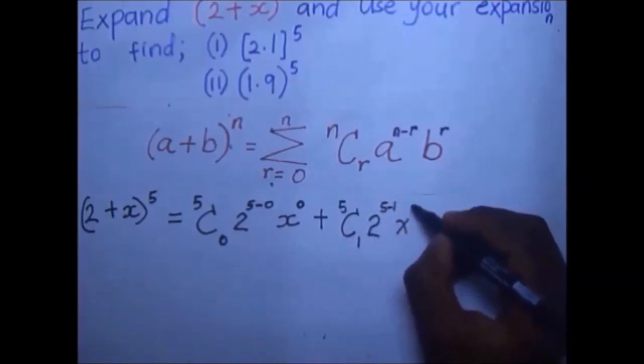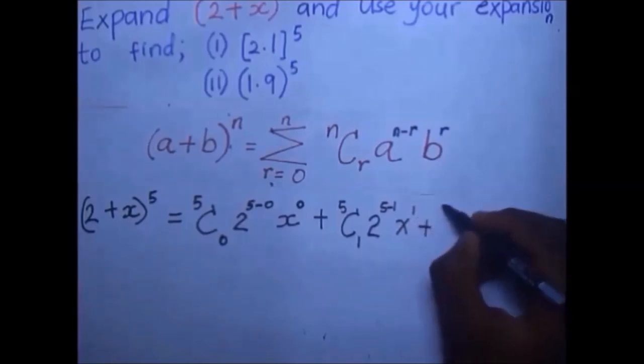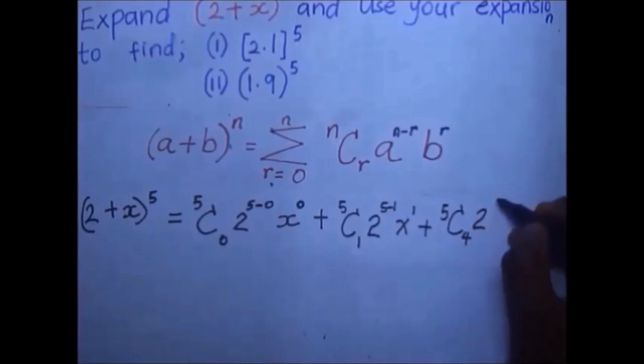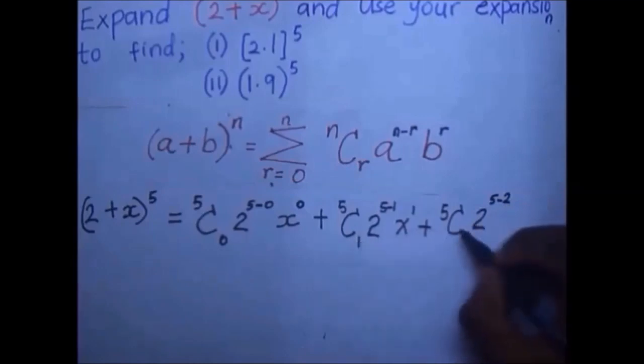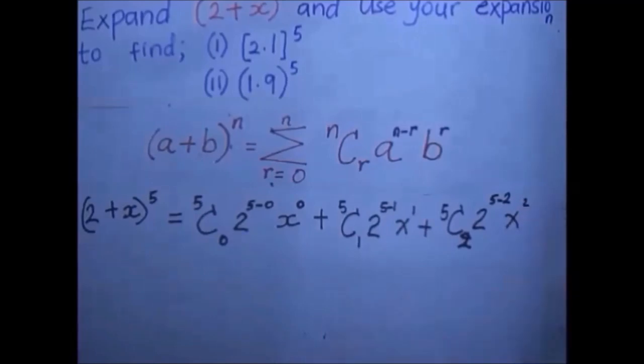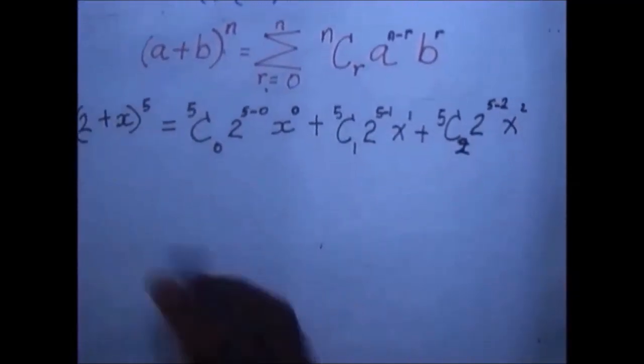Then we continue, so it's going to be plus 5 combination 1 times 2 to the power 5 minus 1 times x to the power 1, plus 5 combination 2 times 2 to the power 5 minus 2 times x squared. It's quite a long one.